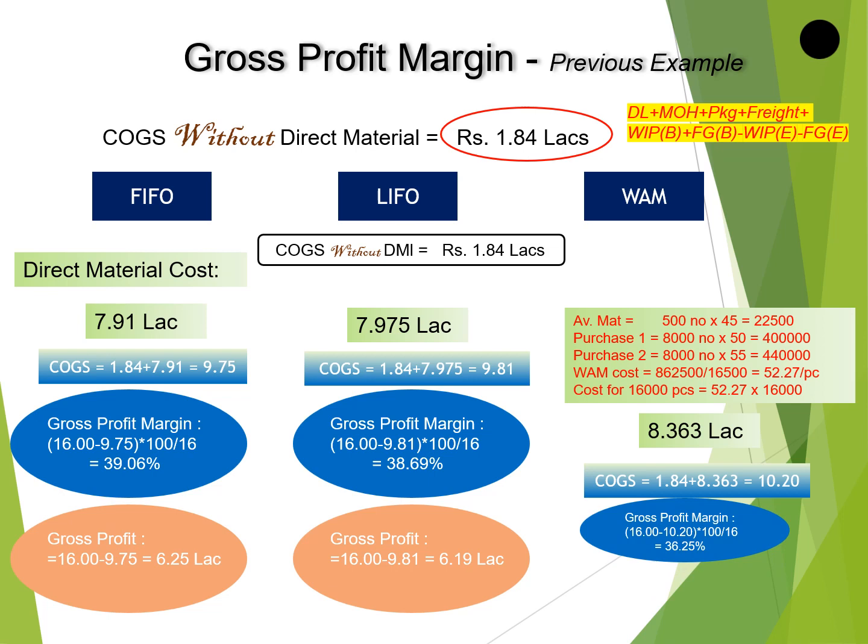Surely gross profit and gross profit margin will reduce. So 16 minus 10.20 into 100 divided by 16. This was coming 36.25% shall be the gross profit margin. And the gross profit shall be 16 minus 10.20, that is 5.80. So with the weighted average method, both gross profit margin and gross profit were least. Of course, with the SIM method, we cannot calculate here because we have to consider the specific cost.